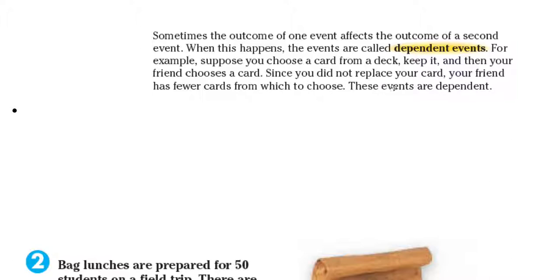Since you did not replace your card, your friend has fewer cards from which to choose. These events are dependent. So when you get a card from a deck and you don't replace that card, and you choose again, that is a good example of a dependent event, because the second outcome is dependent on the first one.